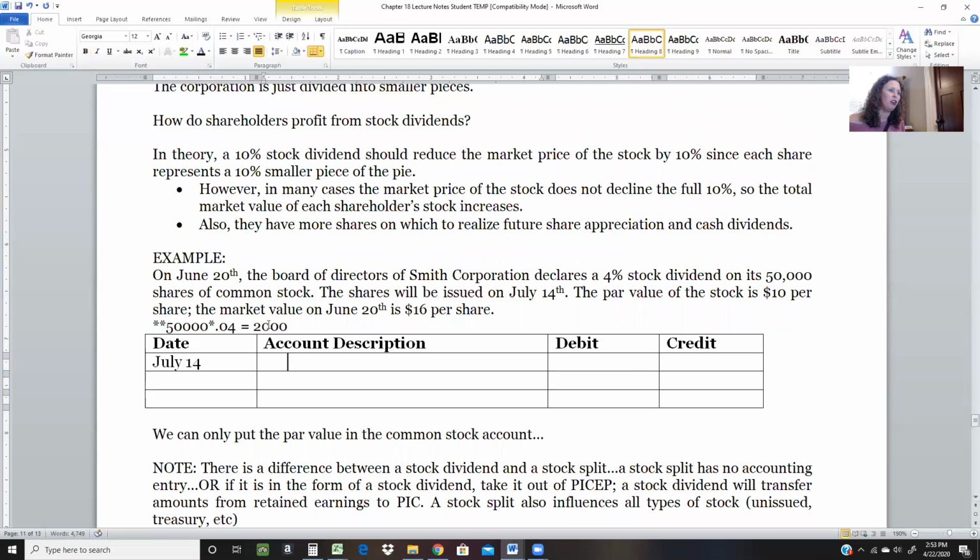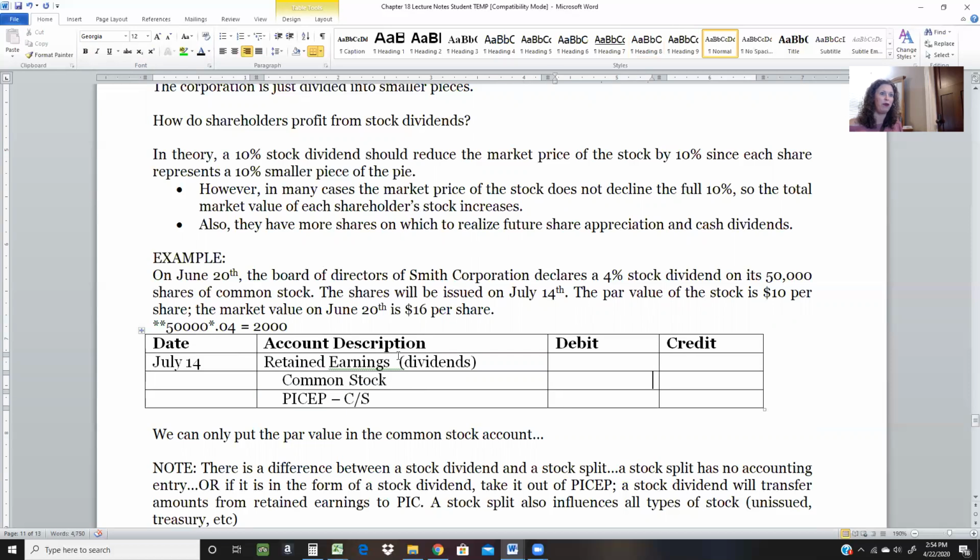When we do this journal entry, no cash is coming in. Students always want to use cash when you're issuing shares, but no cash is coming in. Normally if we issue shares, we debit cash and credit common stock and PISEP. Instead of debiting cash, we're going to debit dividends. You can do dividends or retained earnings, and then we put the par value in common stock.